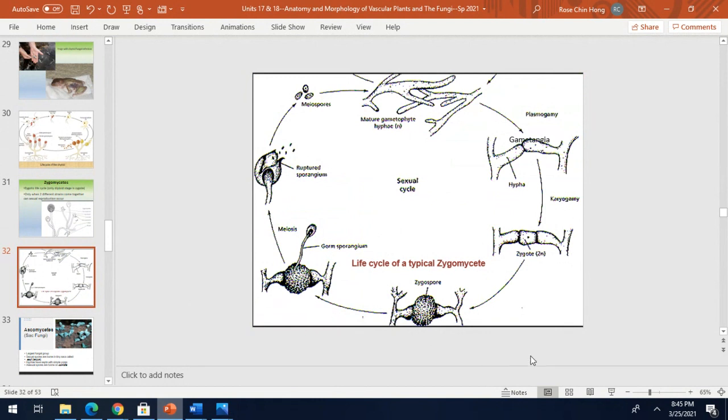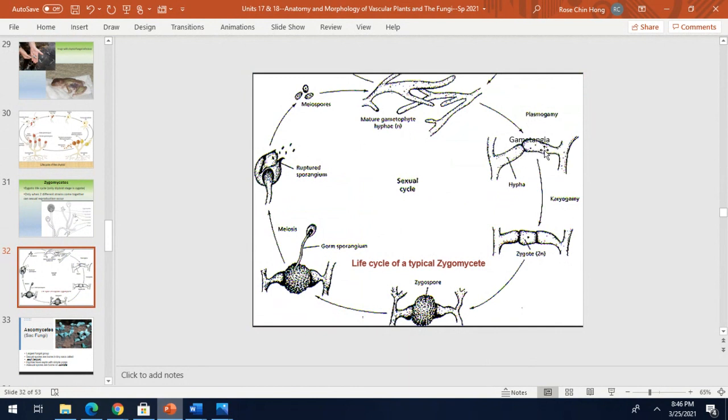So let us start where? Should we start here? Okay, so let's start in the mature gametophyte. So the hyphae are N. They go through plasmogamy, depends on how you want to pronounce it. And then what it creates is these gametangia.